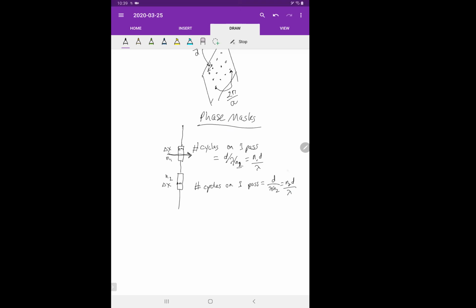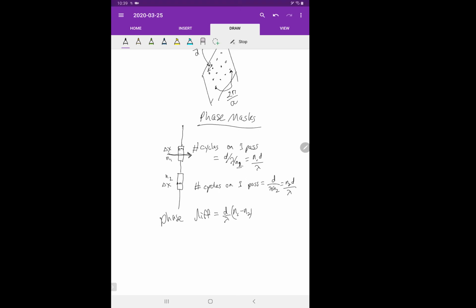Now, if both of these had the same refractive index, they're made out of the same material, and we haven't turned on different voltages, then the phase difference will be d over lambda times n1 minus n2. So if n1 equals n2, then the phase difference is 0.